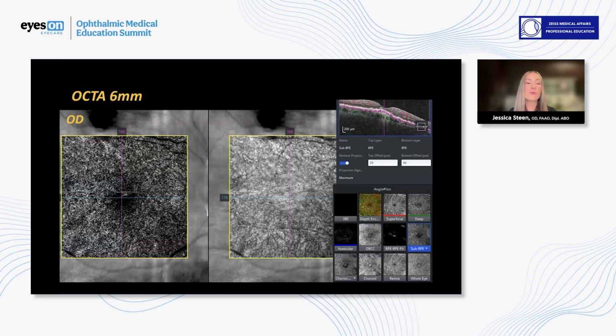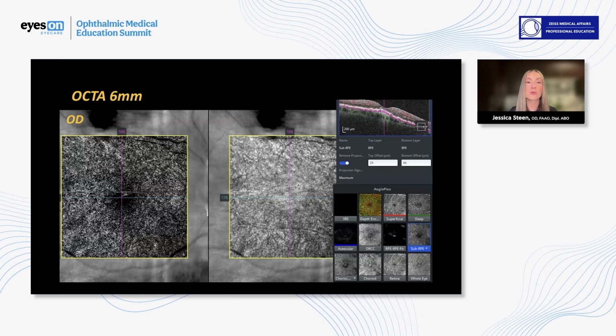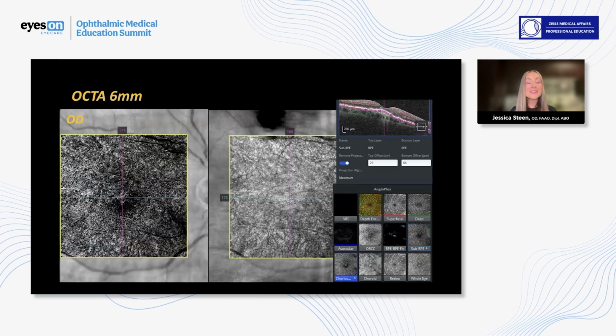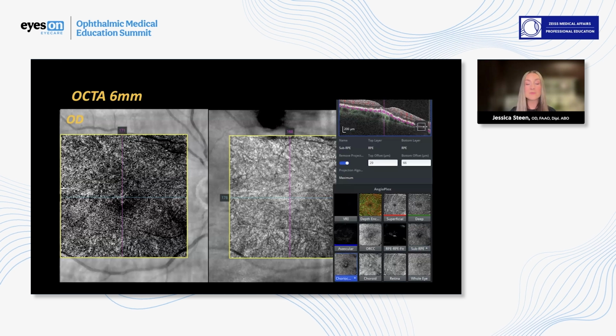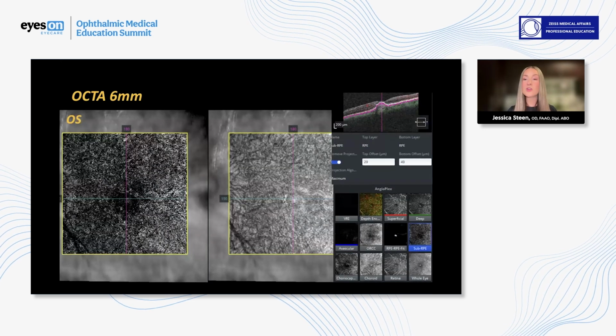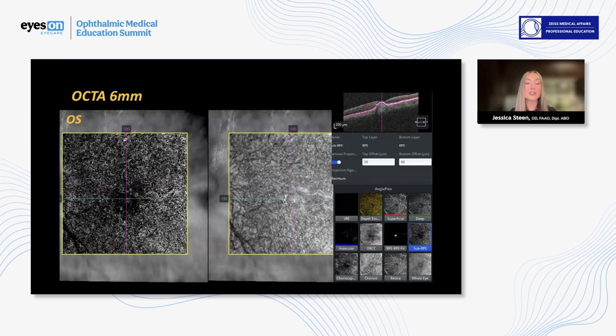Where we're looking for the structural presence of choroidal neovascular membrane is in the sub-RPE space and at the level of the choriocapillaris, which at this present time, there is no evidence in the right or left eye of choroidal neovascularization.